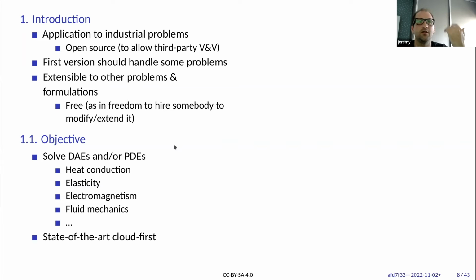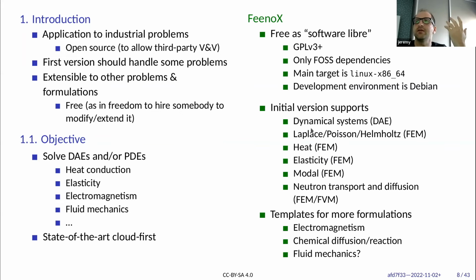For instance, in the first case, we are going to solve linear elastics, heat conduction, modal problems, but we are not solving electromagnetism. But then, since the code is free, what FeenoX offers, it's GPL-v3+, and it depends only on free and open source dependencies.